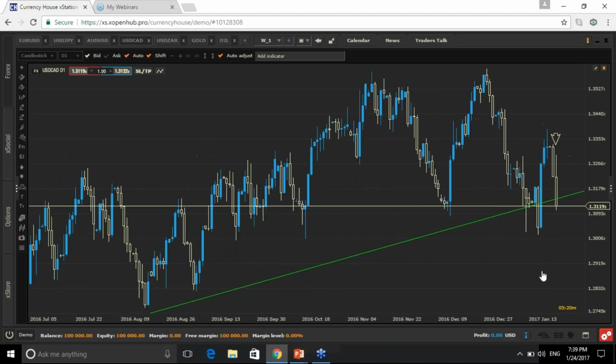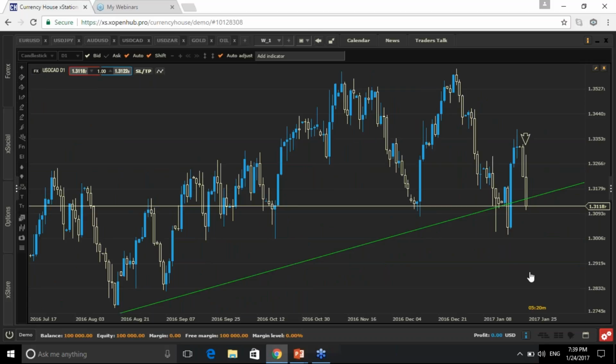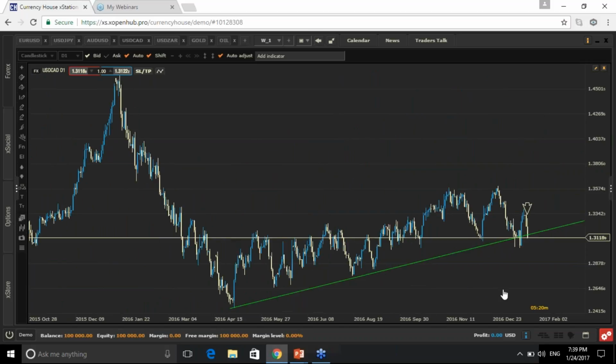But at the same time we can see here that just recently, during several weeks, the price is trying to get through this line. Very hard attempts to break it through. And I would say that if we see clear closing prices several days in a row below this green line, it is definitely going to be a huge confirmation of the fact that this uptrend is over and the support line is broken through.